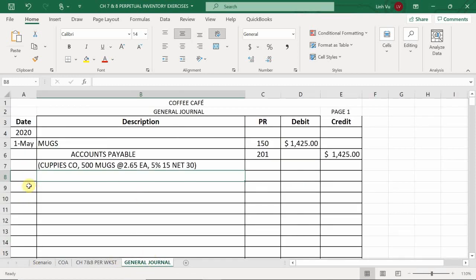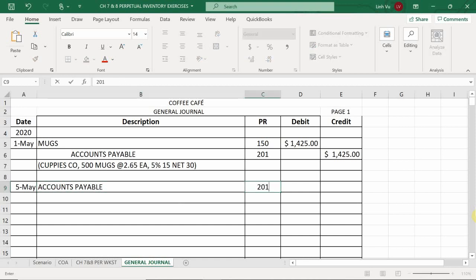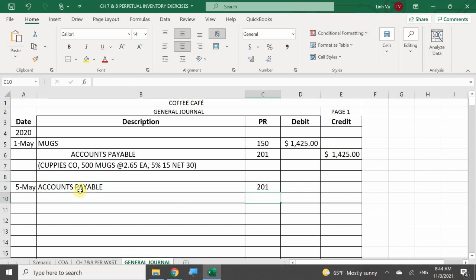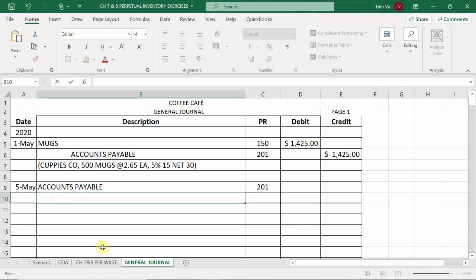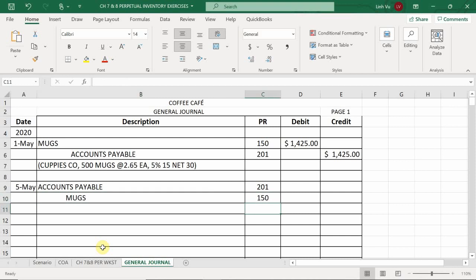So perfect. In this case, it's May 5th. We know that since we didn't pay for the product yet, it's going to automatically deduct from what we owe. And because we're using perpetual inventory, it's taken out directly from my mugs.